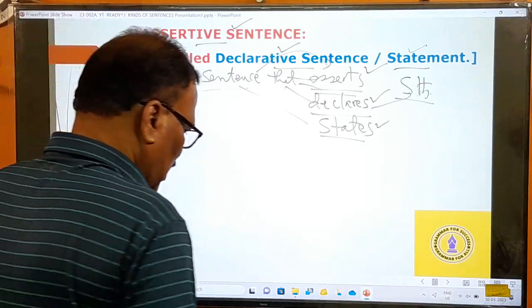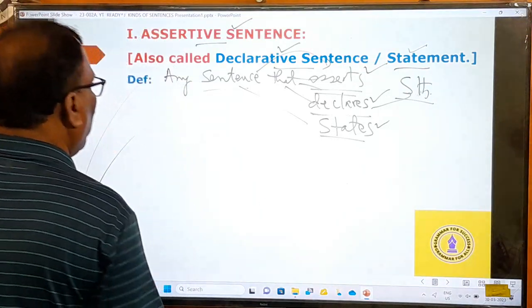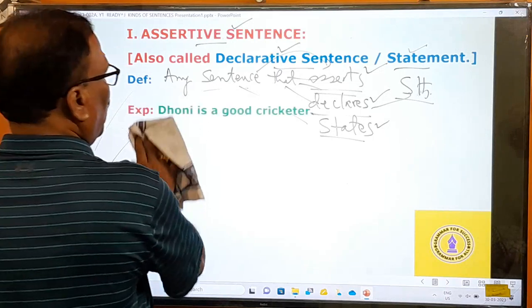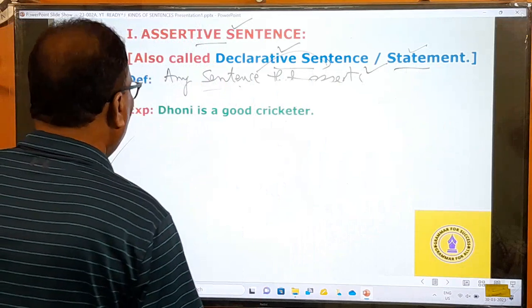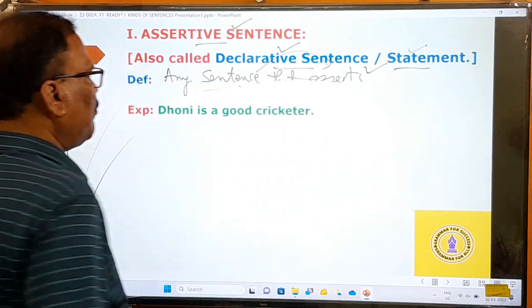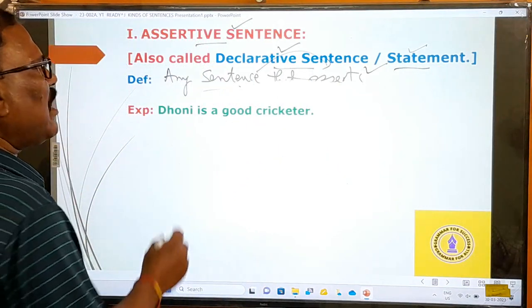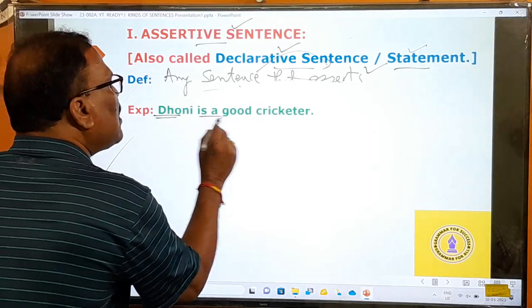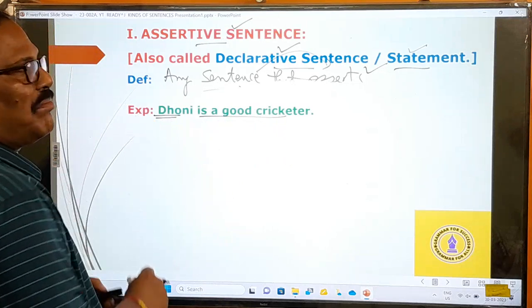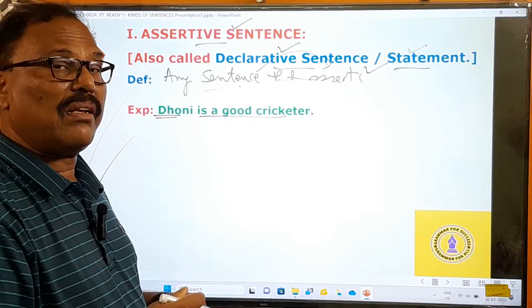And now let us take some examples for this. Okay, examples are there. What are the examples here? Let me give you. Dhoni is a good cricketer. Now look at this example. What are we doing here? We are asserting that Dhoni is a good cricketer. We are asserting. If you think declare, it is also correct.